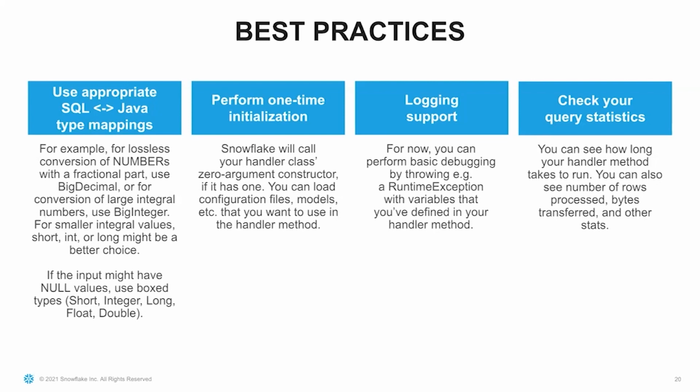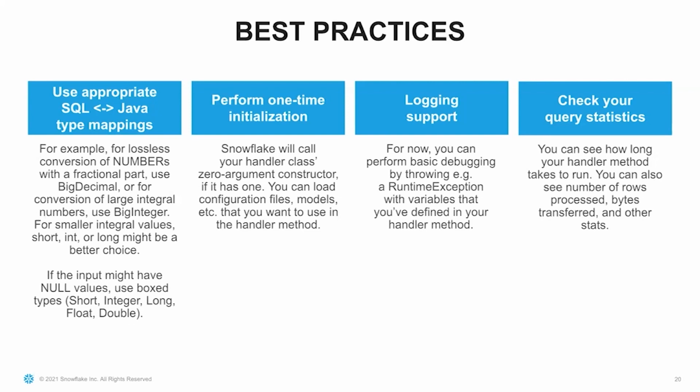In the Snowflake world, for decimals, we usually use a float. They are great, but if you have them as floats in Java, you will lose precision. Instead of using floats in Java, use a double, and that will map exactly to the float type in Snowflake. So just be careful with those transition points of what types you use in SQL and how they map to Java and back.